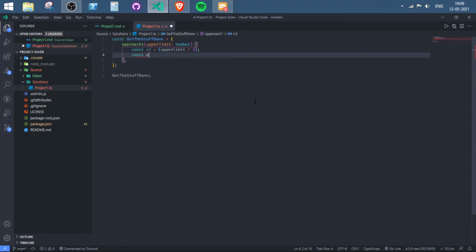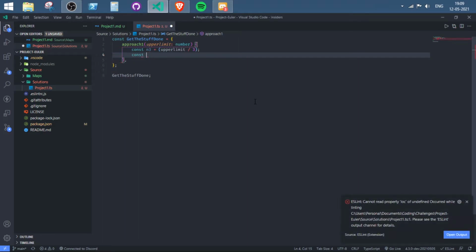We can get const n5 as upper limit by 5. Now if the number isn't really a fraction, like let's say we have 1000 in the question, we are gonna just do math.floor.